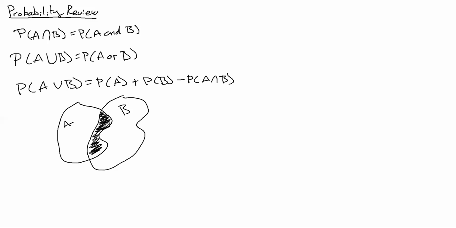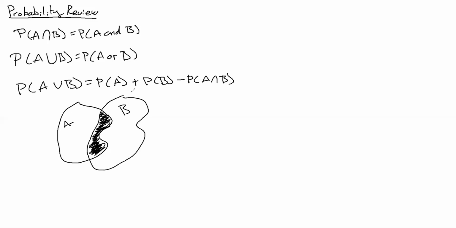You can't do that, so you have to take it out once. That's why we subtract it. You'll see that in the probability review, or in the module 4.1 review. So this is the formula for the probability of A or B.